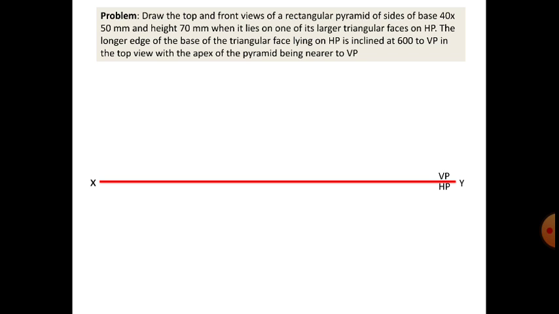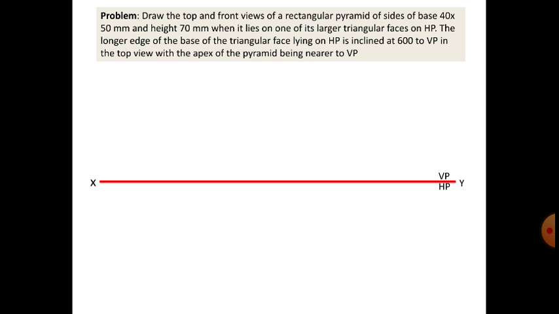The longer edge of the base. Listen here, this is important. The longer edge of the base of a triangular face is lying on the HP and it is 60 degrees, not 600, it is 60 degrees to VP.